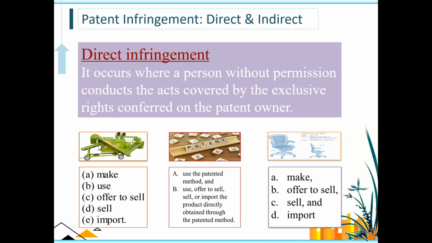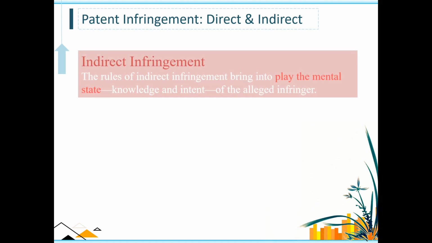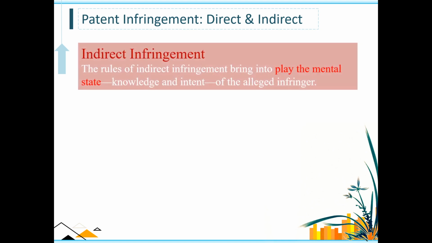So the rules of indirect infringements bring into play the mental state, which means whether the third party has knowledge and intent of facilitating and contributing to the occurrence of infringement.